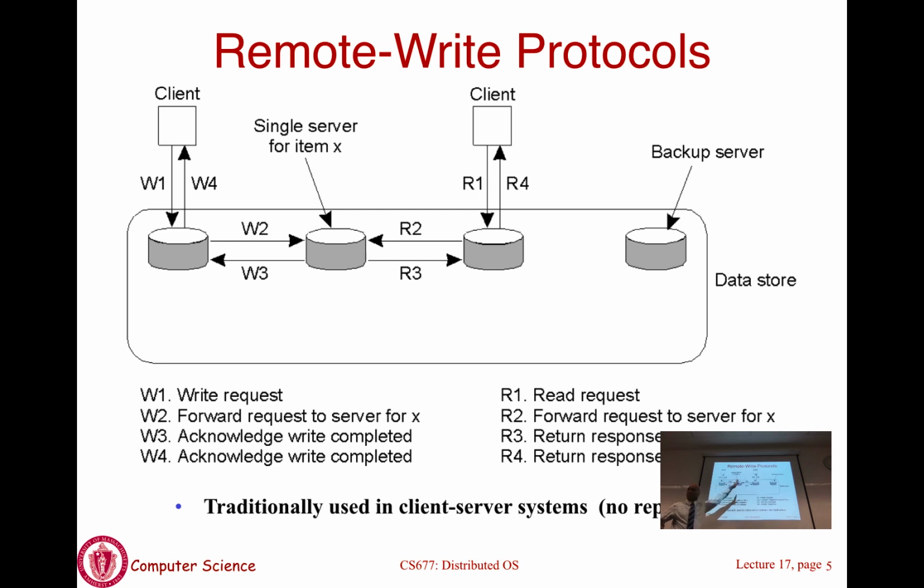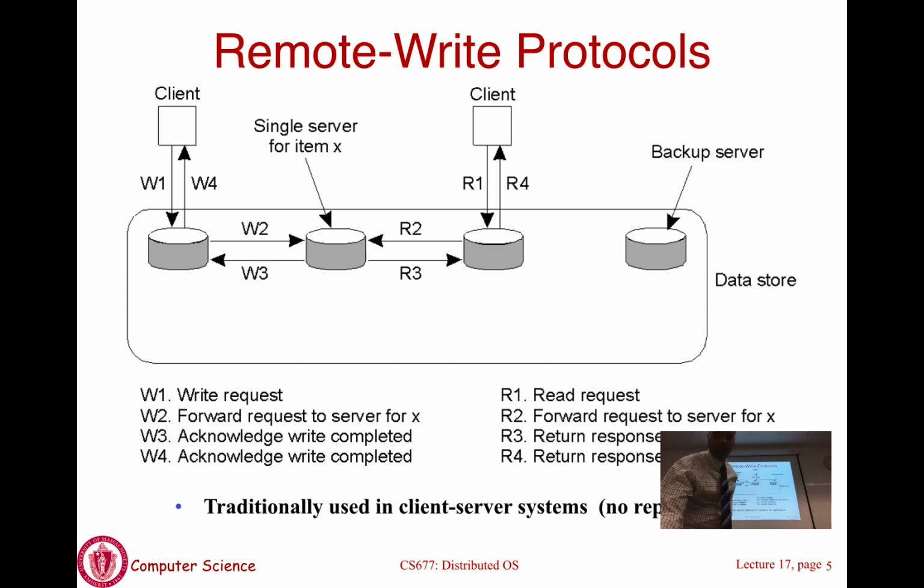There are lots of arrows here, but if you look carefully, when a write request comes in, that write request W1 is forwarded to the primary and an acknowledgement goes back. That's all it's saying. When a read request comes in, it is also going to go to the primary if it's not replicated on their disk, and a response goes back. That's all it is saying, really.